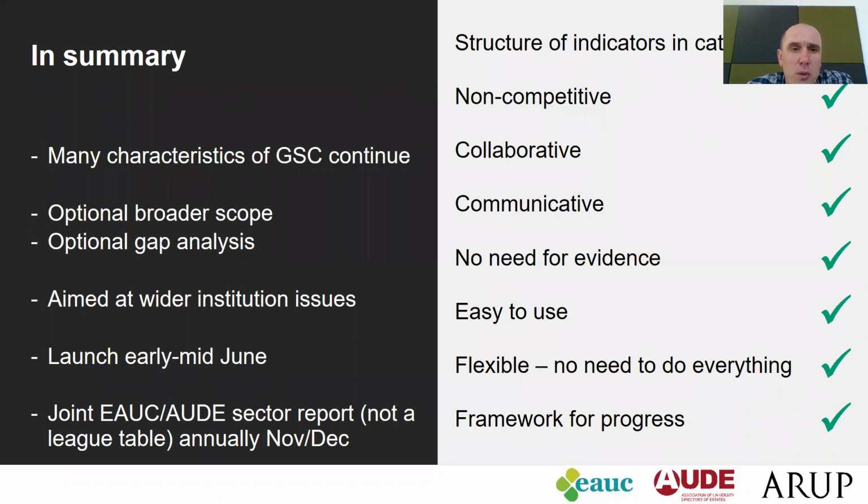Aimed at communicating with wider institution issues and the senior leadership team. Launched, I should say past tense, launched early June, I think it was. And there will be a joint EAUC sector report. Definitely not a league table, but it will show how the sector is performing against various different activities and framework areas, probably annually around the end of the year.